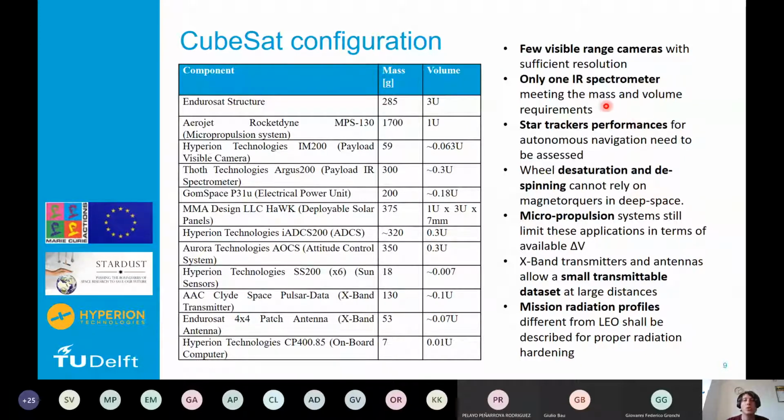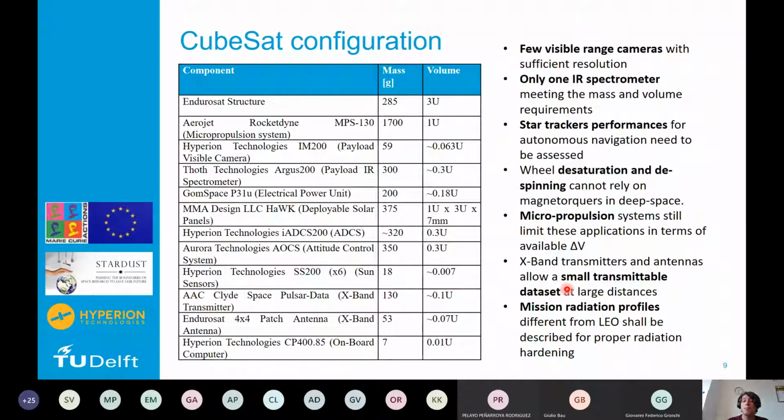But we can also highlight how star trackers' performances are really good for attitude determination, but their performances for autonomous navigation need to be assessed. Also, desaturation and spinning cannot rely on magnetorquers in deep space, so this is another issue that should be addressed. And as I mentioned at the beginning, the micropropulsion system still limits this application in terms of delta V.